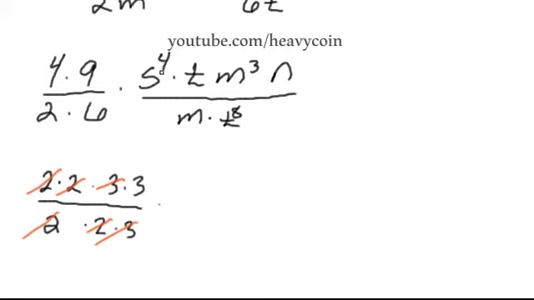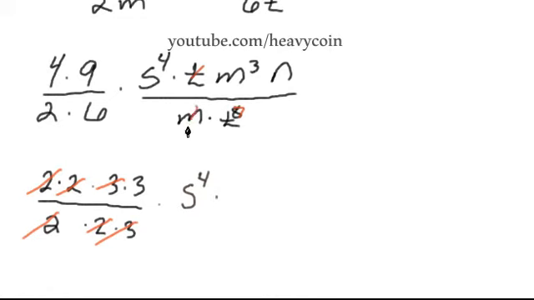And the rest of this stuff, we just have an s, a t, we've got 8 t's in the denominator, and m to the third, we got 1 m here. So this would be s to the fourth times, now I'm going to cancel this t out, and then we'll just be left with 7 of them down here in the denominator.